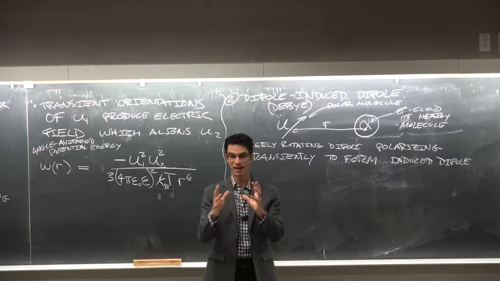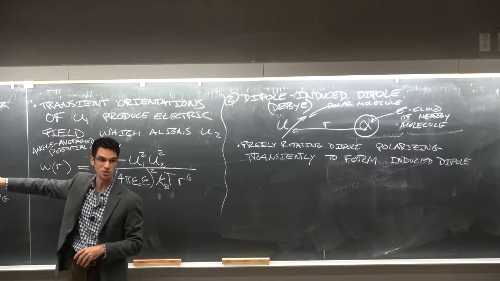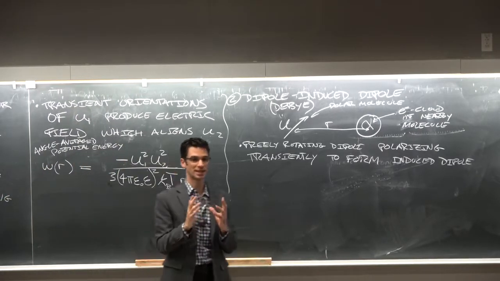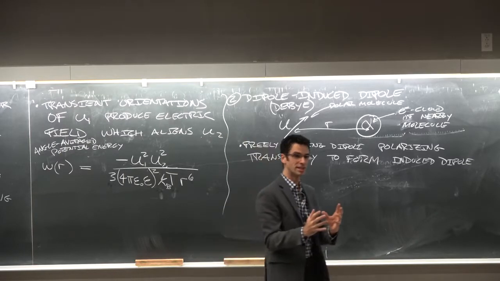So imagine now we have a similar situation to over here, except we take the U2 and it's just the electron cloud of a nearby molecule. But it turns out we get a similar type of interaction.